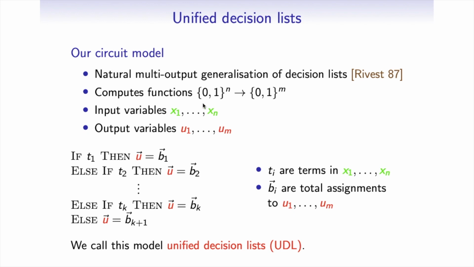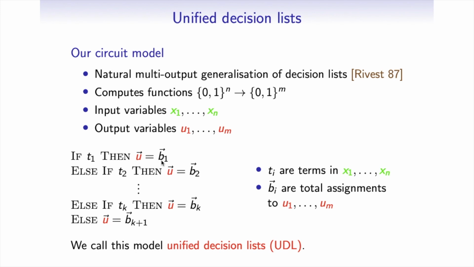So let's imagine the input variables are these x's and the outputs are these u's. Essentially what you have is just a list of if statements. Each if statement queries some term, that's the t. These are terms in the input variables. And if that term holds under your assignment, then you output the corresponding b. So you set your output variables to the corresponding b vector.